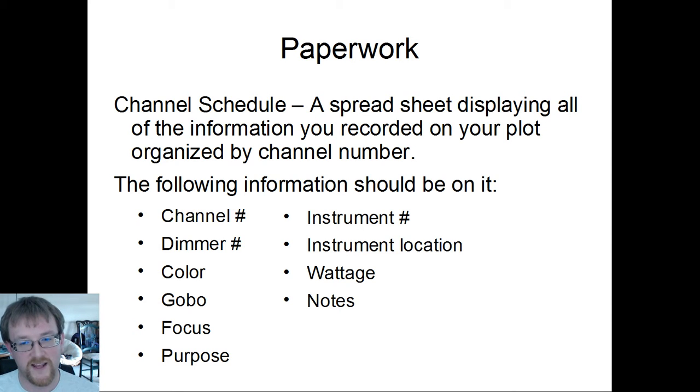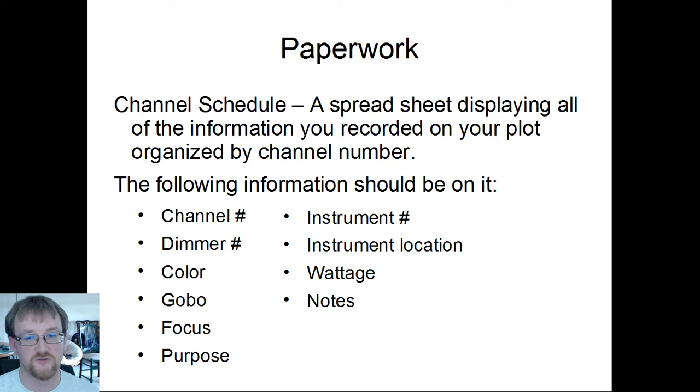The reason why it has focus and purpose is because sometimes they aren't always the same. For example, practicals don't have a focus, but they do have a purpose. But a lot of the times, the way that I label the difference between focus and purpose is if I have a front light that's pointed at focus area B, I will put B as that focus, but its purpose is a front light or a front wash.